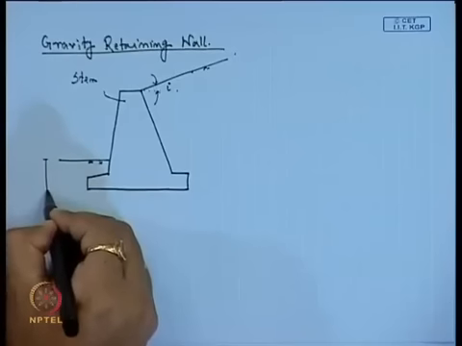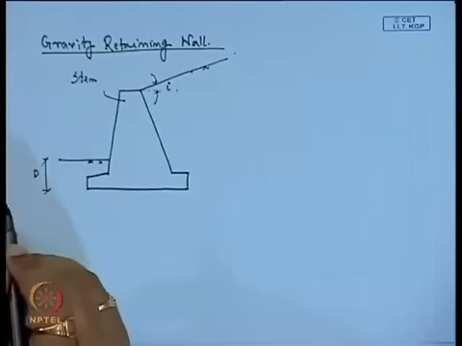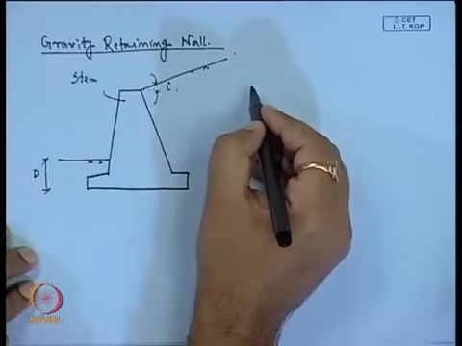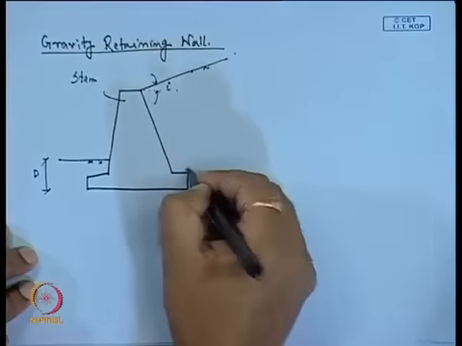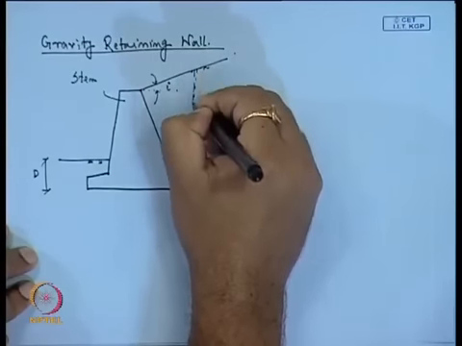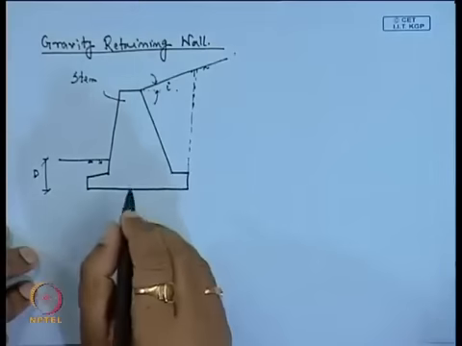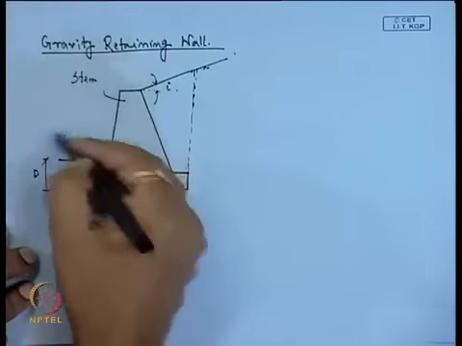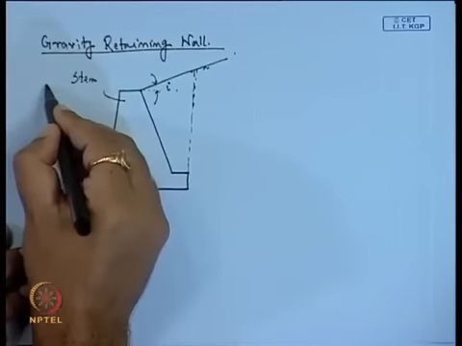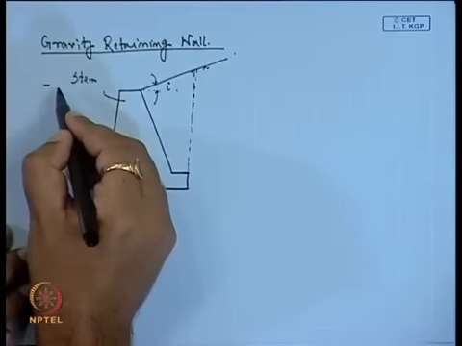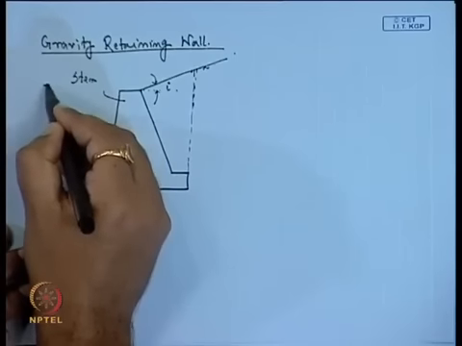This is the depth of the retaining wall, D, and if I consider the vertical line along this face, then the height of the retaining wall is H, say.